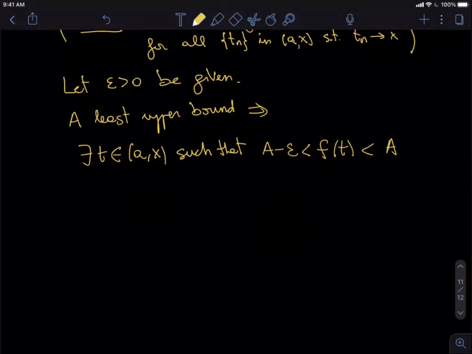Okay, why is that? Because this one here is obvious because we are working in E. Okay, A is a bound for E, actually less or equal, and then A minus epsilon is smaller because A minus epsilon cannot be an upper bound.